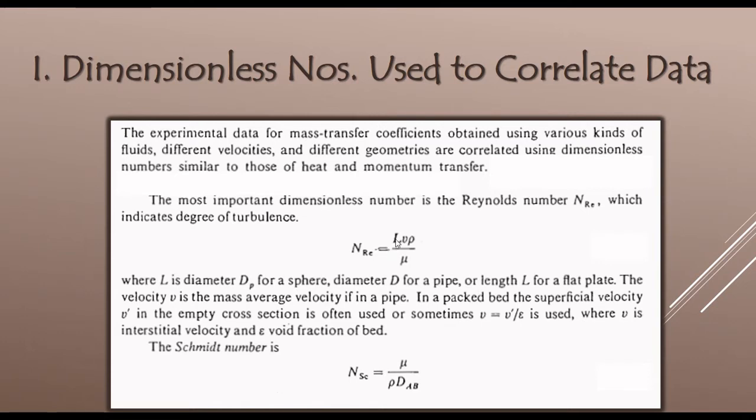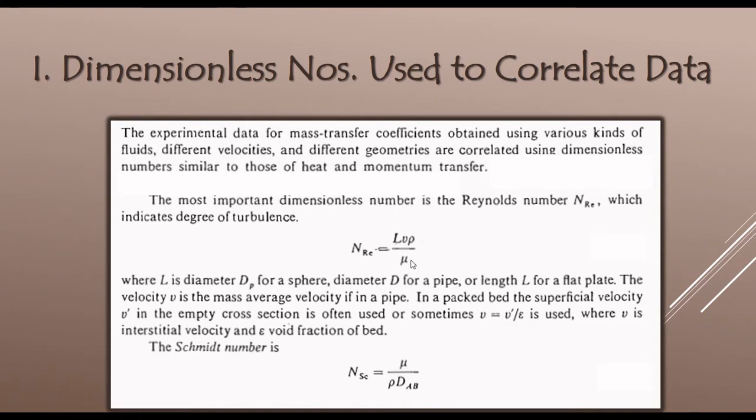If we have a sphere or a cylinder, then your L here will be the diameter of the sphere or the diameter of your cylinder. If it's a flat plate, then it's really the length of the flat plate. Now, the velocity is the mass average velocity in the pipe. And rho is the density of the fluid. And of course, the same thing with the viscosity.